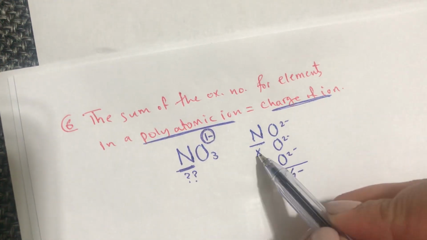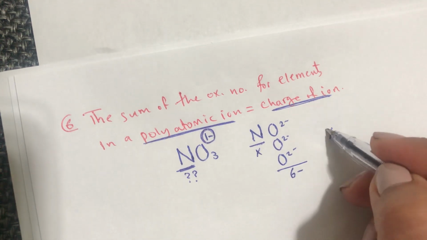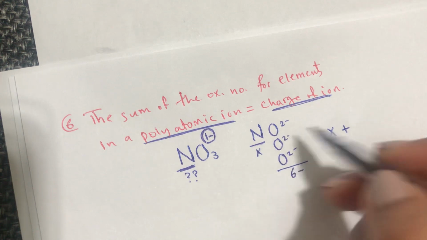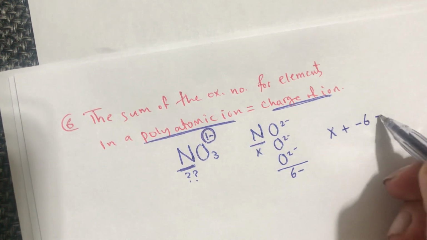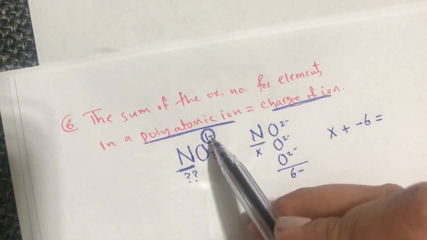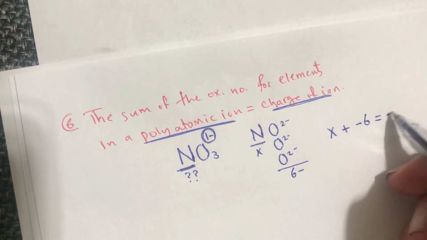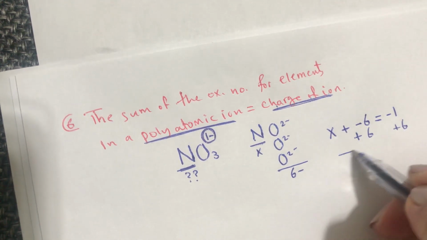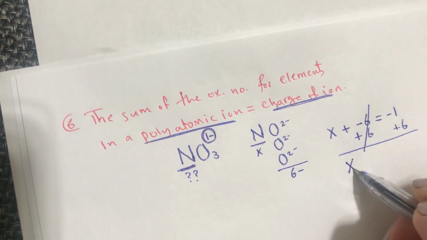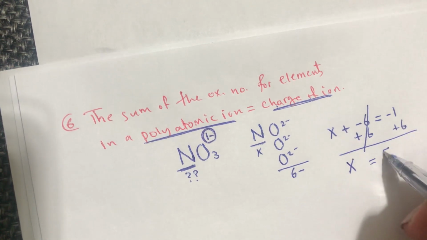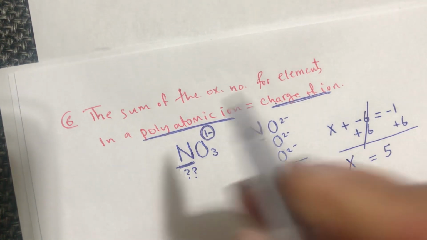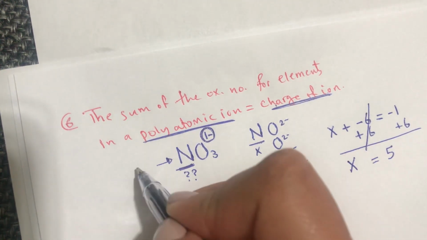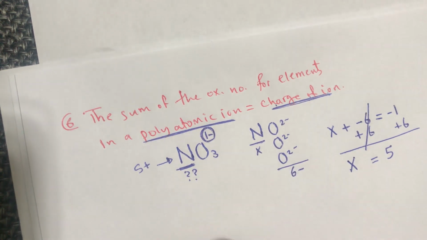So when you add the oxidation number of nitrogen, which is unknown, to the oxidation number of oxygen, it must equal the charge of the ion, which is -1. So +6, +6. So the charge equals 5. So here in this compound, the oxidation number of nitrogen is +5.